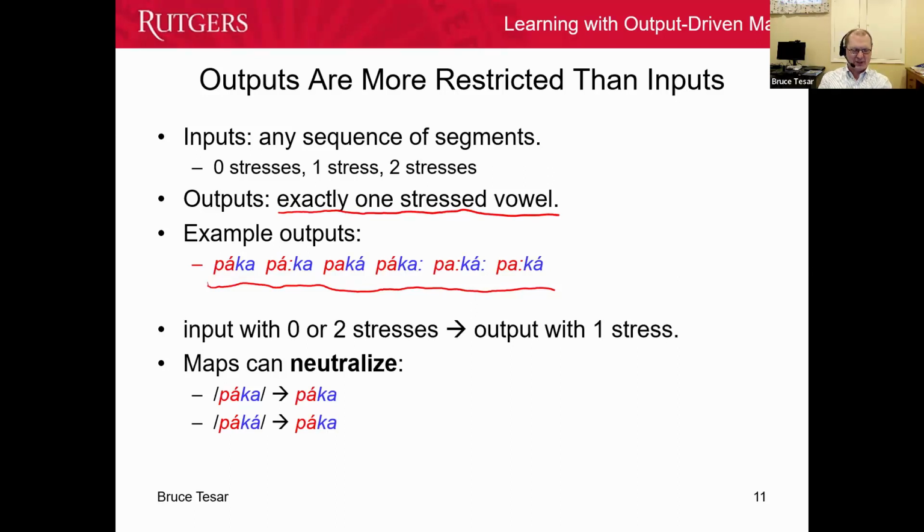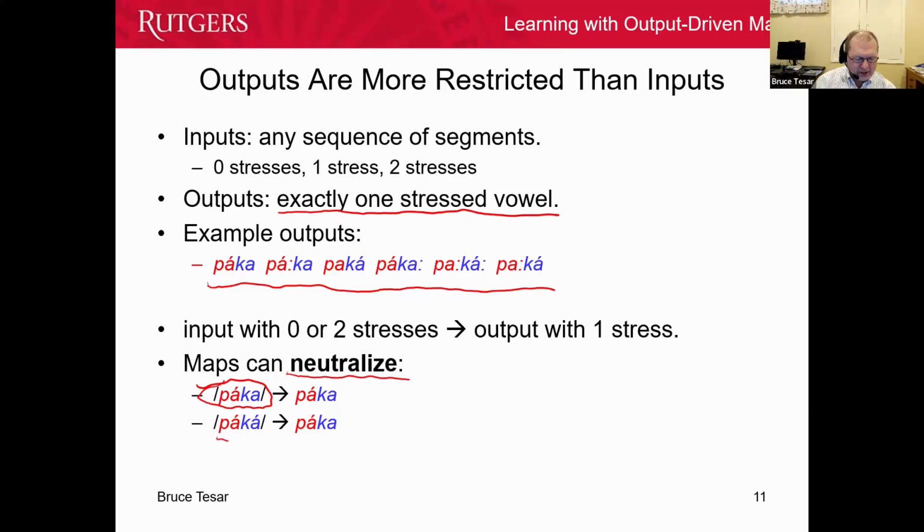There's exactly one stress. And so inputs with zero stresses or two stresses are going to get modified by the phonological map in determining the output. In other words, maps can neutralize. Here, neutralize means you can have two different inputs which end up going to the same output. So we could have an input with two short vowels and stress on the root, and that surfaces with two short vowels and stress on the root.